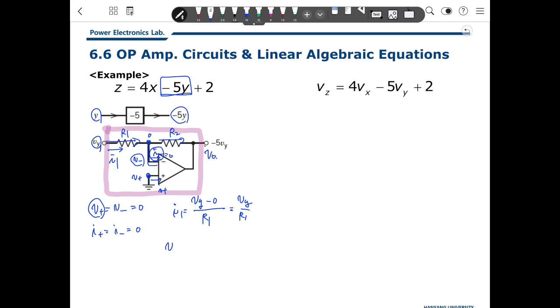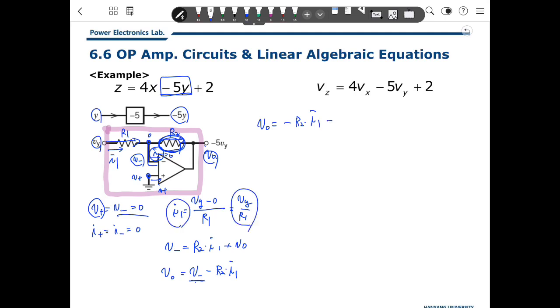The relation between V negative is the voltage drop here, R2 I1 plus V out. So V out will be V negative minus R2 I1. And we know that V negative is 0, so V out is minus R2 I1.